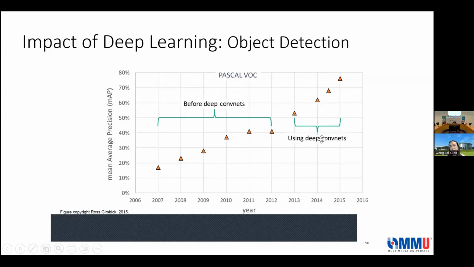But with the introduction of the deep CNN, or convolutional neural network, the performance has increased tremendously. And now it's actually more than 80%. So that is a very significant improvement. And why does it work? Because it's trying to mimic how our brain learns from experience.